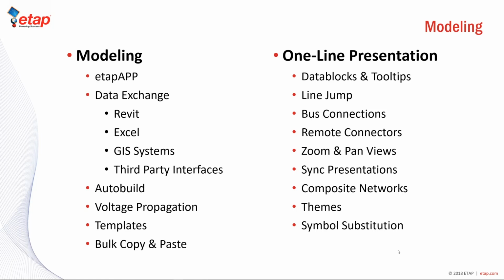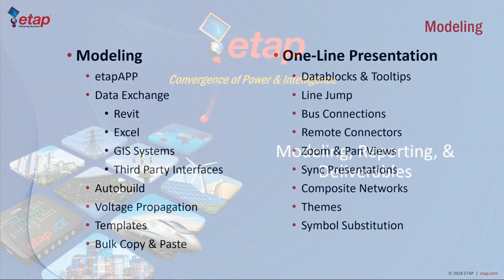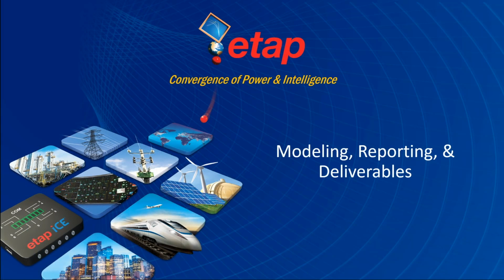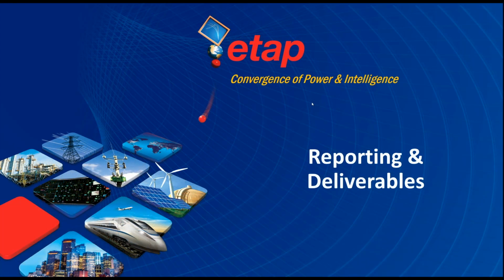And now that we've gone over a lot of the modeling and data exchange capabilities, I'm going to pass it to Tanush, who is going to go over the reports and deliverables available, including some of our existing ones, some of the new ones in ETAP 18, as well as one of the ones we are working on beyond ETAP 18. So you'll want to stay in for the end of Tanush's presentation so you can see the latest tools we're working on for reporting and deliverables.